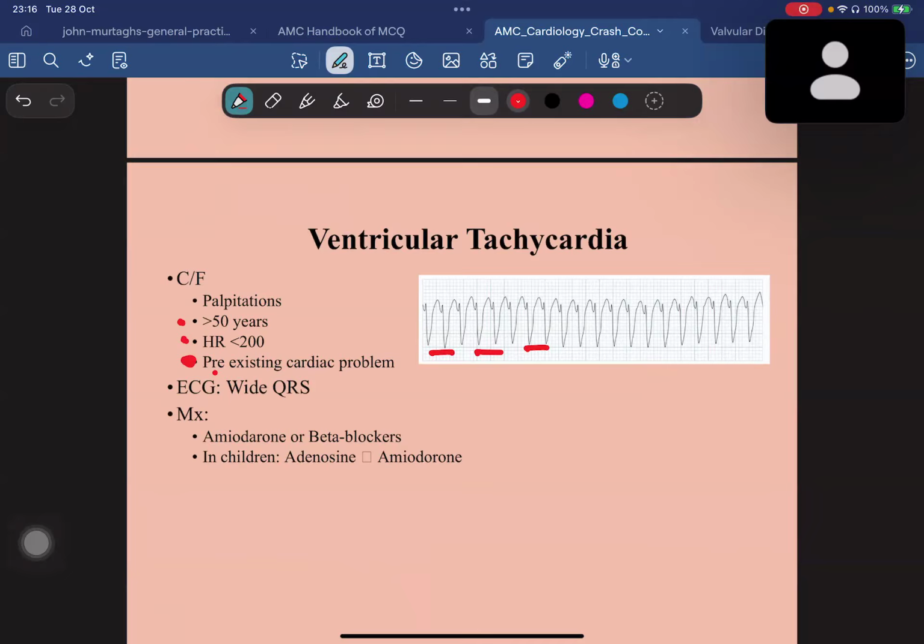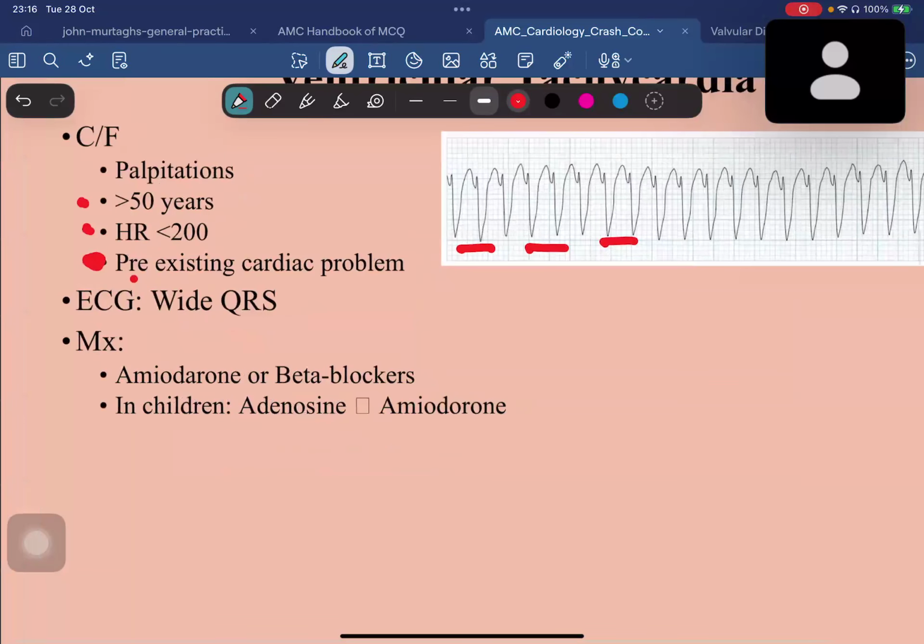Again, always know the contraindications of beta blockers so that you know when not to give things like that. And if a child presents with ventricular tachycardia, in Australian guidelines, I've seen they first give adenosine and then give amiodarone. This should be an arrow actually.